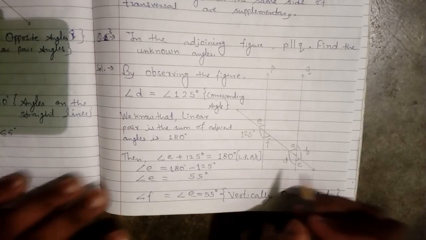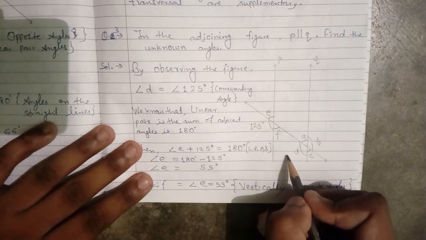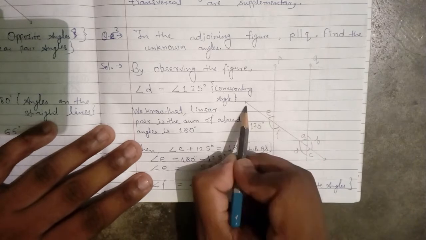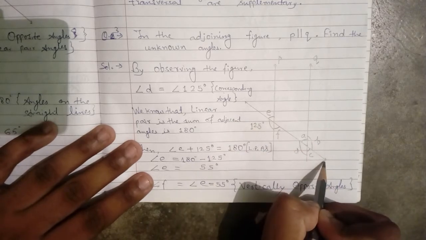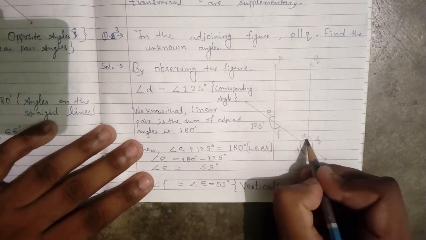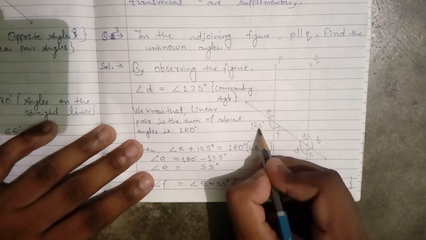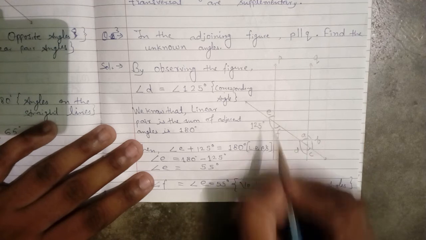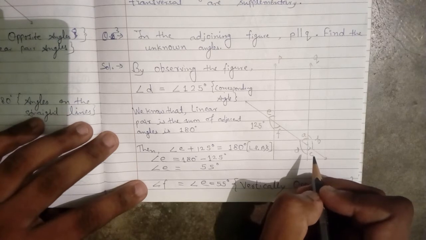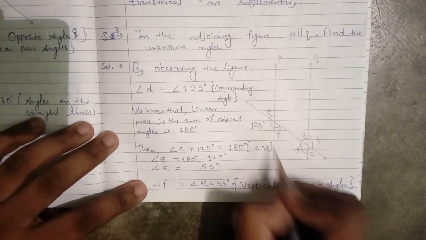Here, this is our figure, and this P and Q, they are parallel, and this line is acting as transversal line. So in this formation we can see there is angle A, angle B, C and D, angle F 125 degree, and angle E is given to us. So we have to find the unknown angle, means we have to find the measure of these 6 angles.